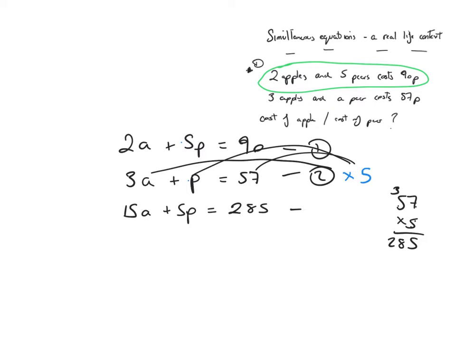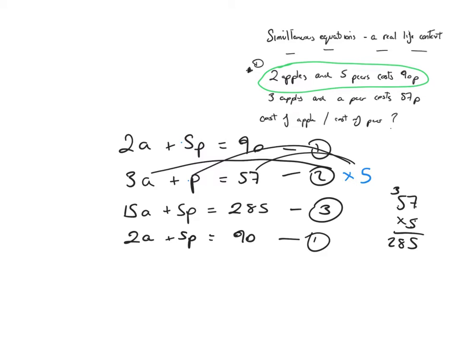So that's now equation 3. So I've got equation 3, 15a plus 5p equals 285. And I can now drop equation 1 underneath, which is 2a plus 5p is equal to 90.